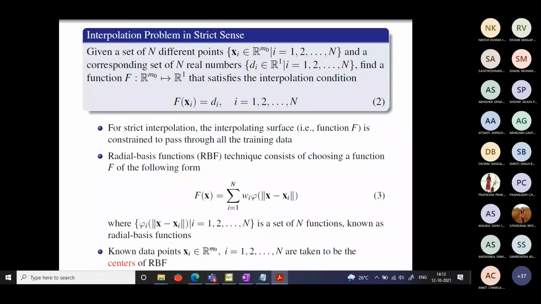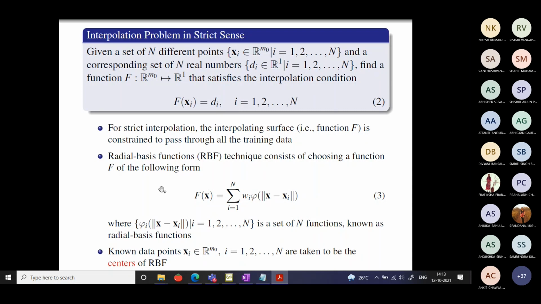Interpolation in the strict sense means that the function we are trying to find has to go through each and every data point. For each data point, if you substitute it in that function, you should get the desired value.